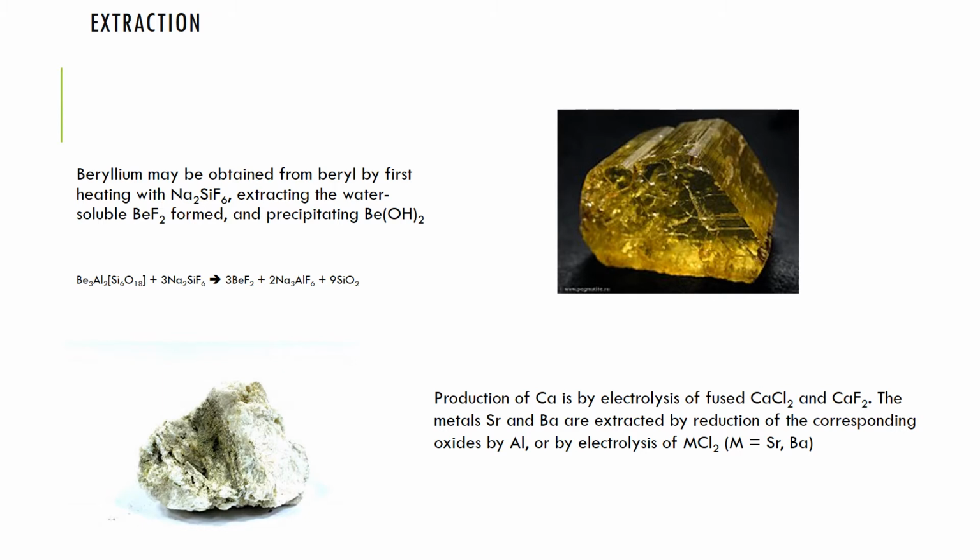You can obtain beryllium from beryl by heating it with Na2SiF6, and you extract a water-soluble beryllium fluoride, and you can precipitate that out as beryllium hydroxide. And again, the production of calcium is through the electrolysis of fused calcium chloride and calcium fluoride.